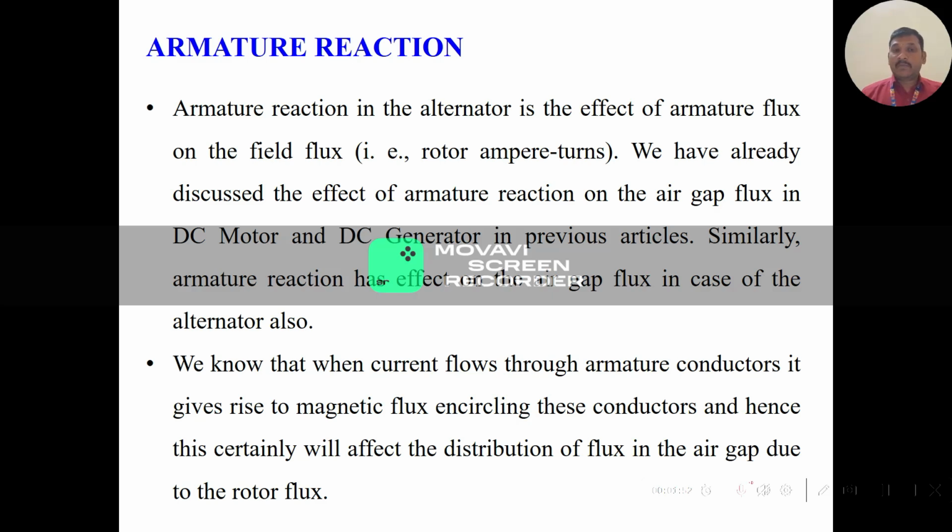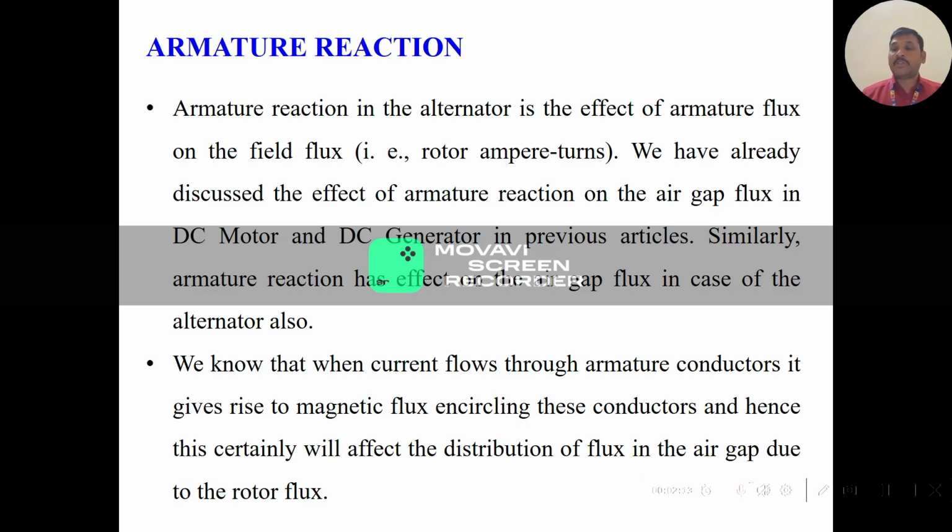So what is meant by armature reaction and how it affects the terminal voltage of the alternator? The simple definition for armature reaction is the effect of armature flux on the main field flux.